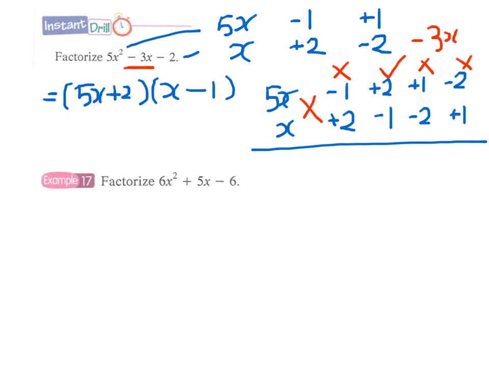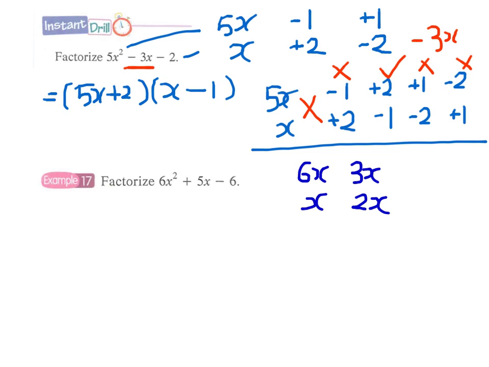And now let's see another more difficult problem. Factorize 6x squared plus 5x minus 6. And therefore, we can see that in the first term, there will be a total of 4 factors. And minus 6 also, the last term, you have 4 factors. And we can write down 6x squared can be 6x times x or 3x times 2x.